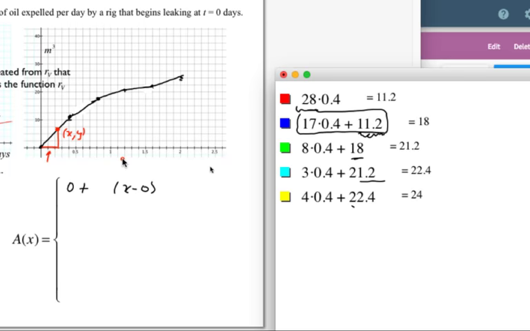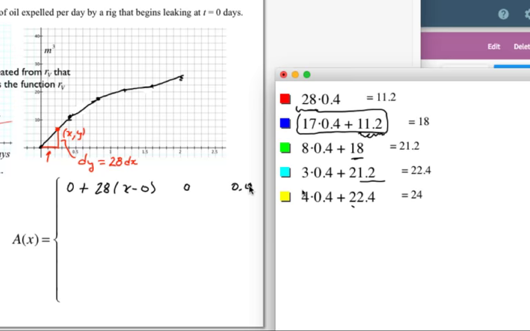Okay, so this is dy, and we're going to get it from our constant rate of change, which is 28 times dx, and we just said our dx was x minus 0. So this is going to be 28 times x minus 0. And then that's going to be from 0 to 0.4.